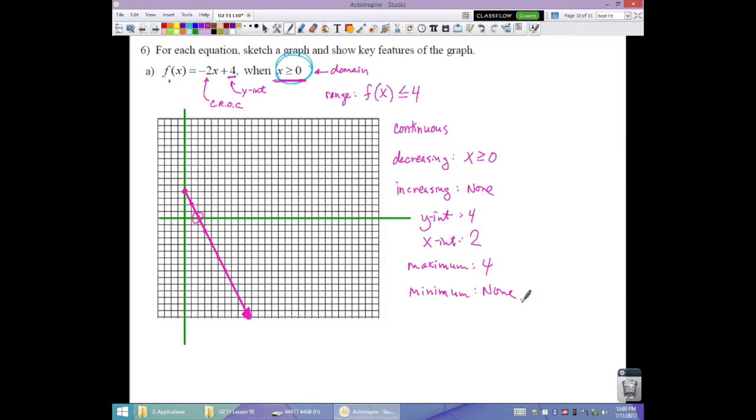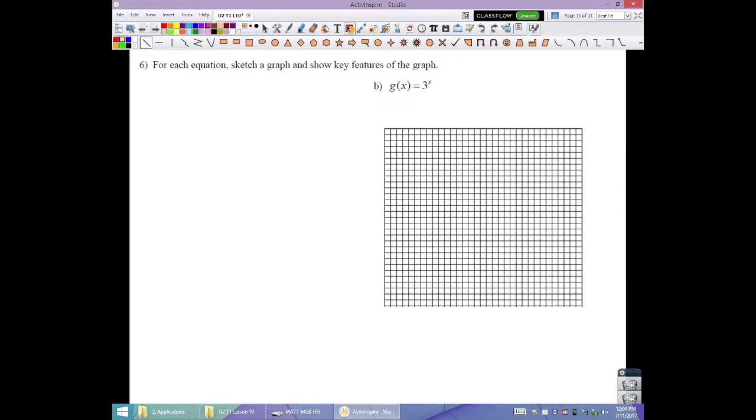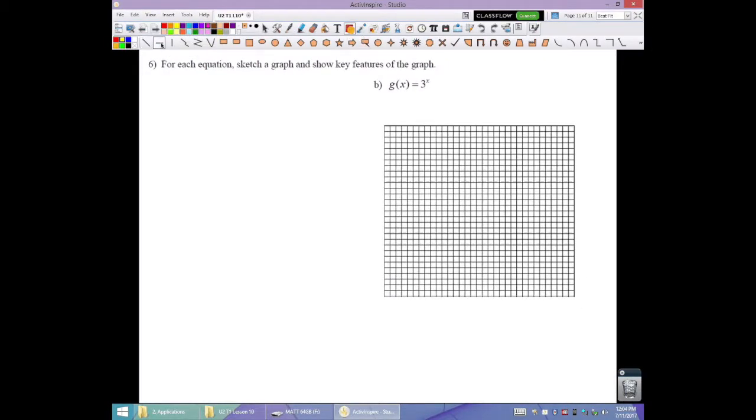All right. One more. This one we're going to graph is exponential. Now we know exponential graphs start low and increase incredibly quickly, or start high and decrease incredibly quickly. So we do want to keep, this one is an exponential growth, since the multiplier, the common ratio, is 3.